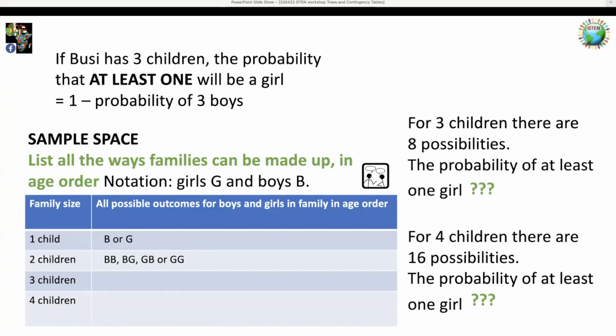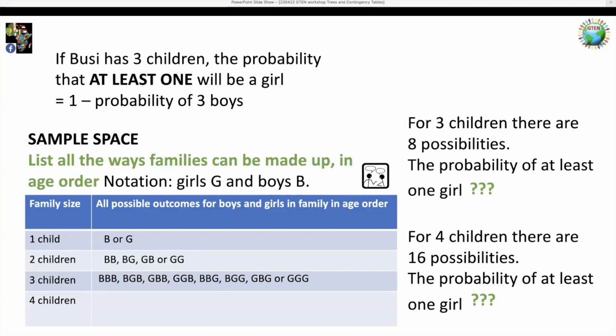So we've just had all that list for 3 children, and so here it is again in this table. And then what we want to ask you to do is to fill in for the 4 children. If there are 4 children in this family, what are the different possibilities? And so there's the space in that table to fill those in.